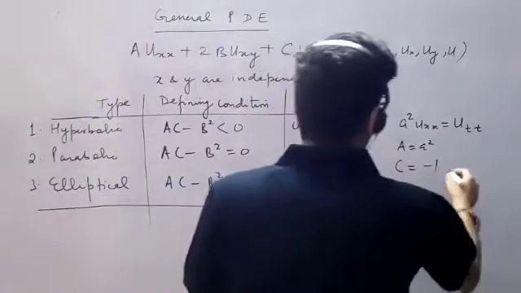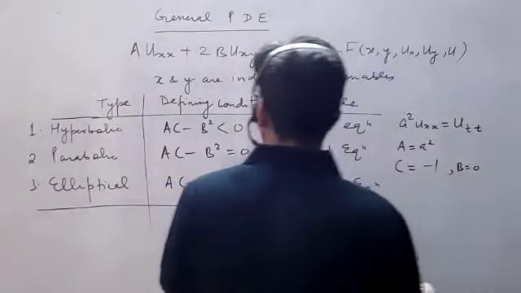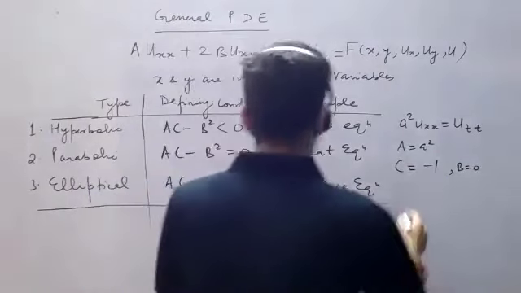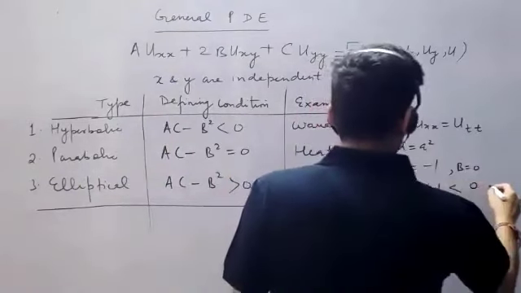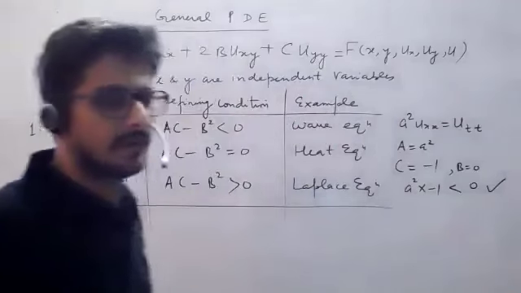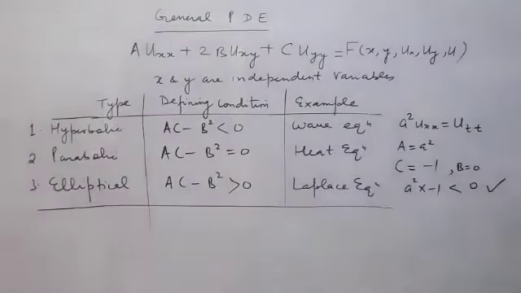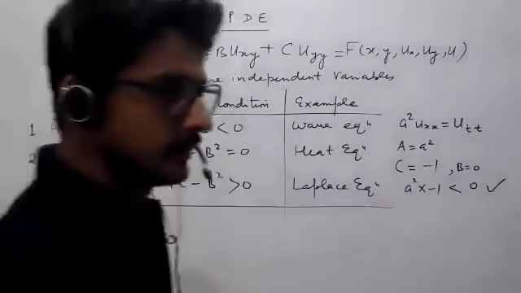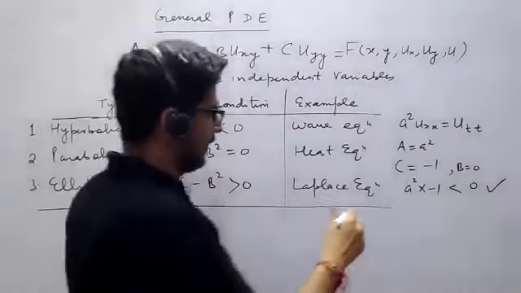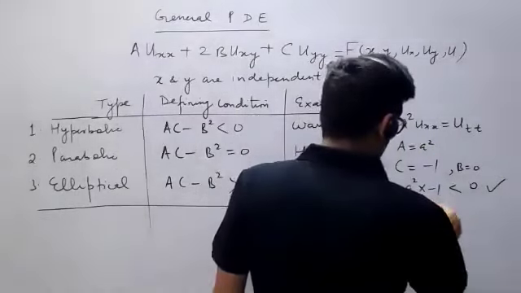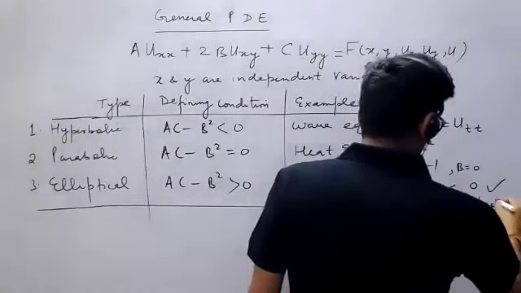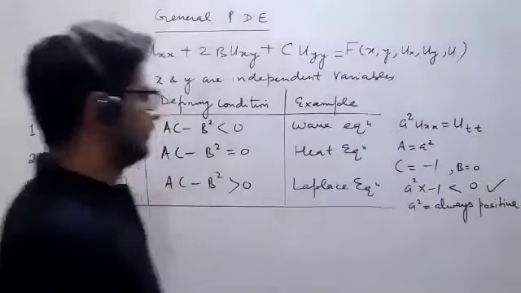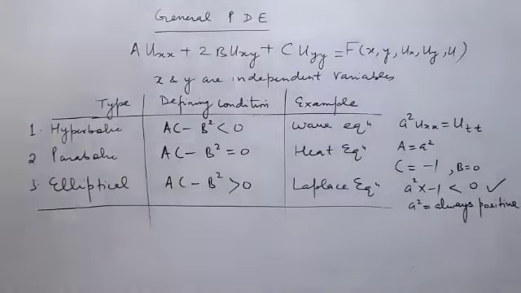And what is the value of B? B is 0. So A into C is less than 0, which is correct, because the value of a square is always positive. So this equation is a hyperbolic equation.